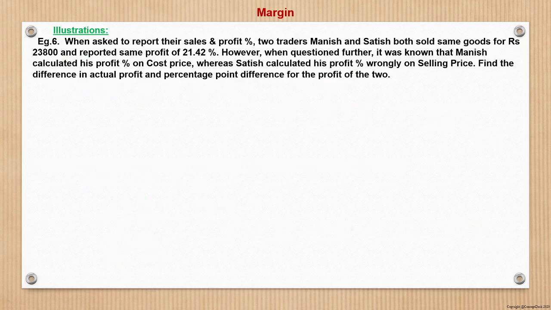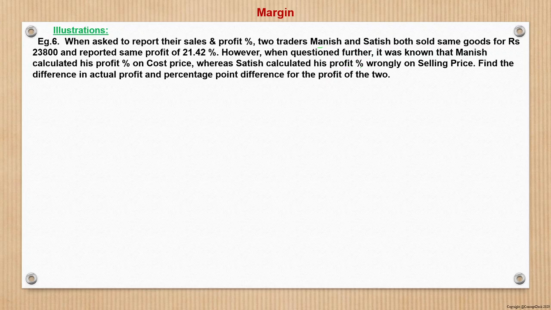Now move to question number 6 here. Question number 6 says that when asked to report their sales and profit percentage, two traders, Manish and Satish, both sold the same goods for rupees 23,800 and reported the same profit of 21.42%.